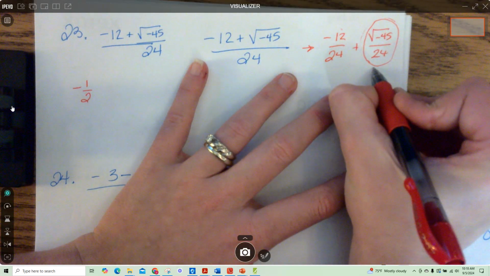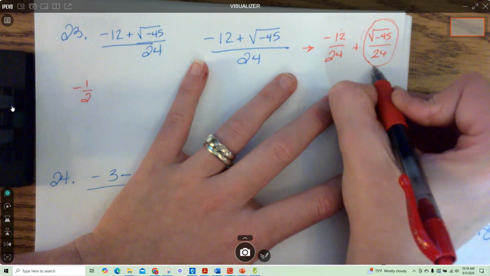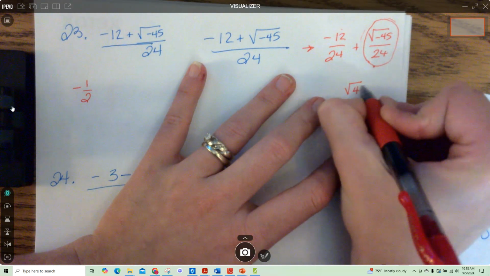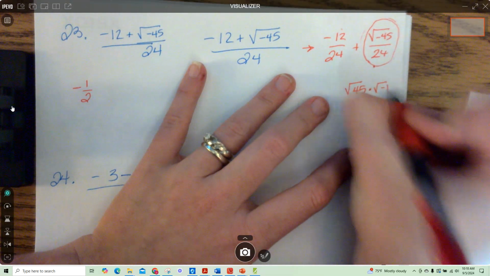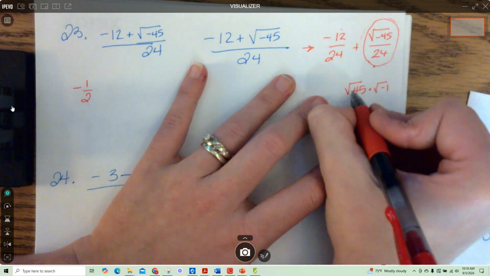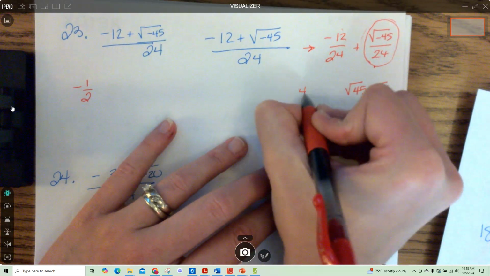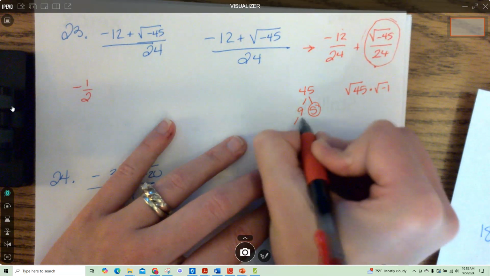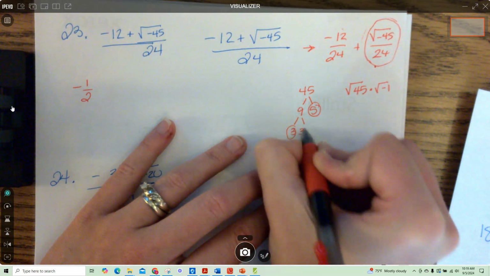There's a lot of little things that you have to do. The first thing I want to do is split this up: square root of 45 times the square root of negative 1. Then I need to break that 45 down. 45 is 9 times 5. 5 is prime. 9 is 3 times 3.